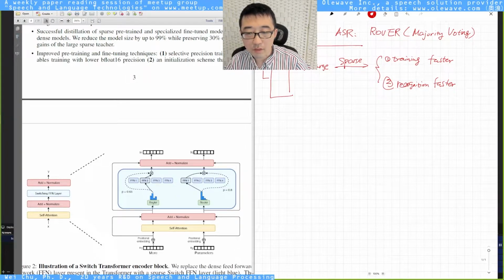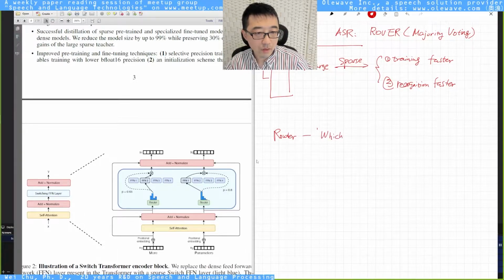What does the router do? The router evaluates which expert is more likely to generate the best prediction result.